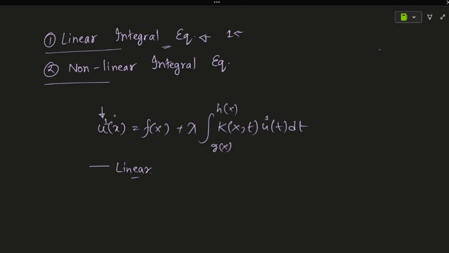However, if the power of the function is not 1, if it is greater than 1, or if it is trapped inside another function, whether it's inside or outside, it doesn't matter. If any one unknown function is trapped inside another function, or if the power is not 1, then it's called a nonlinear integral equation.